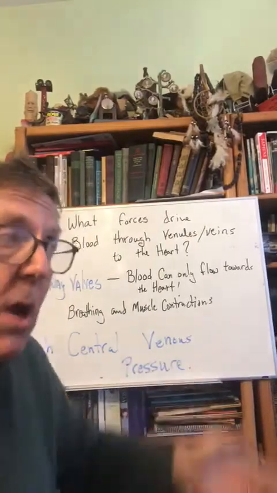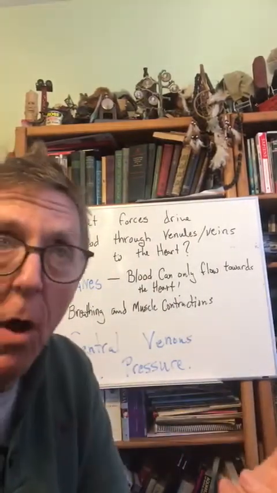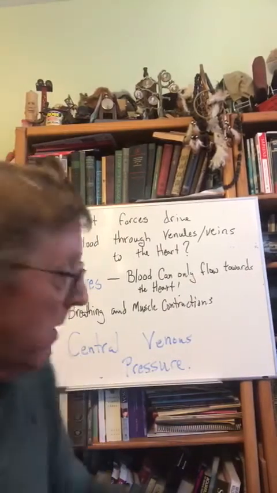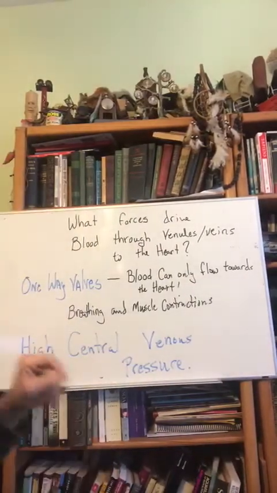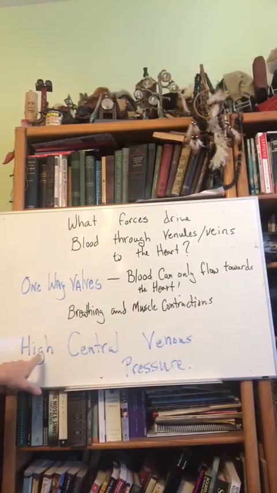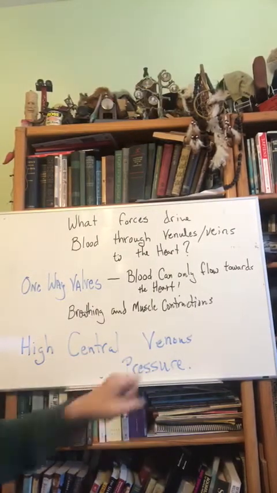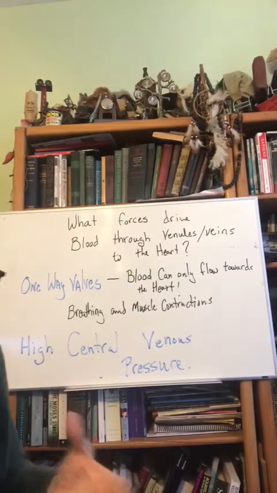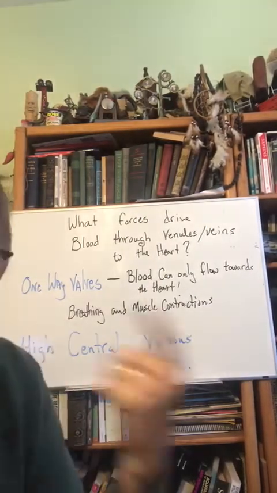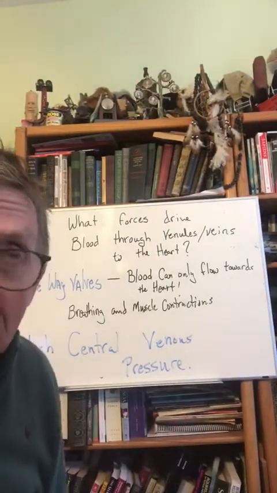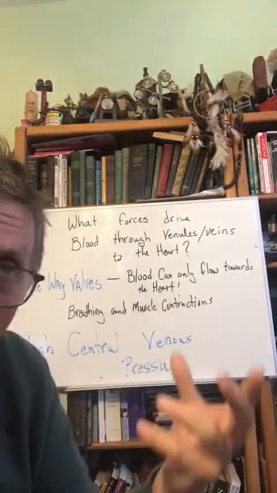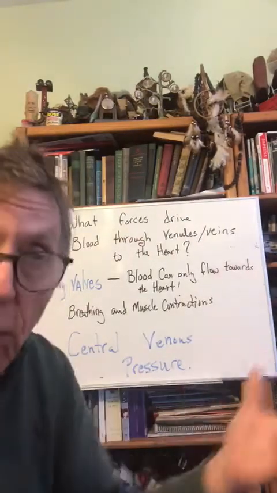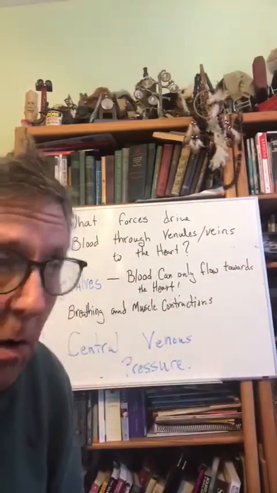And so the return flow brings blood back to the heart when the blood is not being pumped efficiently from the heart, and that will produce a condition called high central venous pressure. You end up with blood backing up into the superior vena cava and the inferior vena cava, and you have pressure on your right atrium. That's where blood, of course, is being returned to your heart.